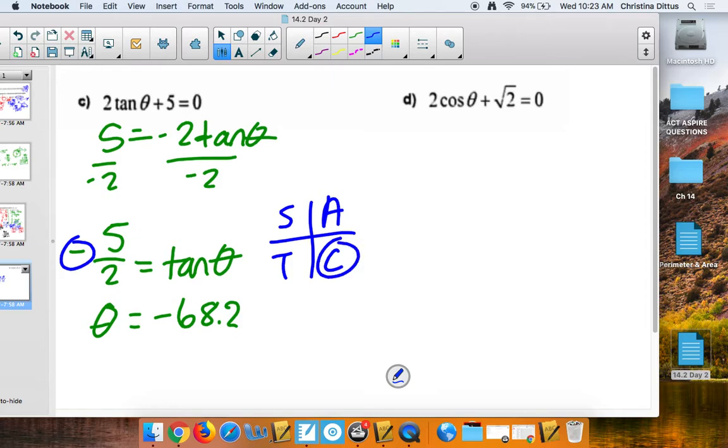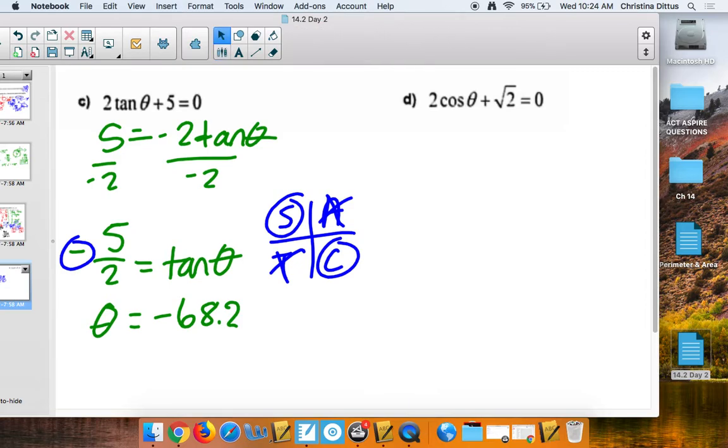Where else is it negative? 2. Yeah. It's positive in here and here. So I want the ones where it's obviously not positive, aka negative. Okay. Like I told you before, we don't want negatives.